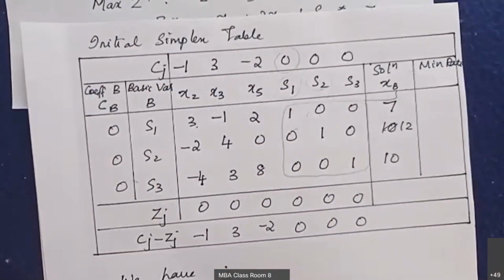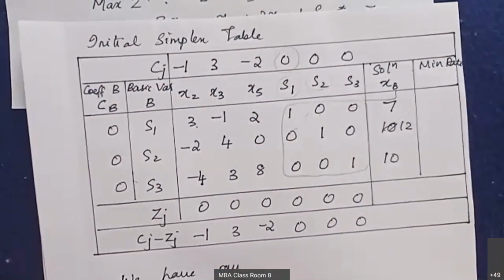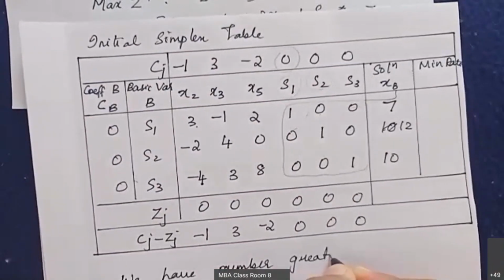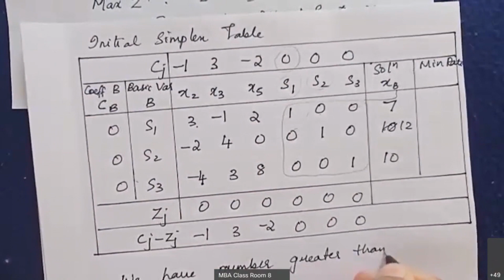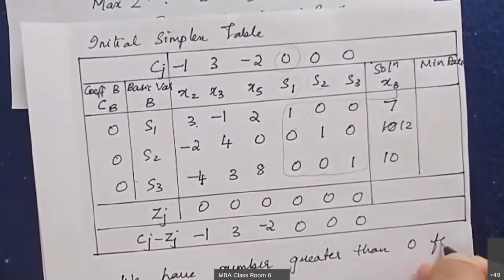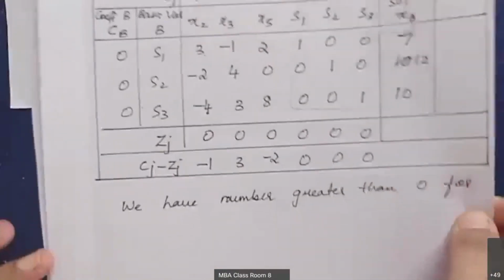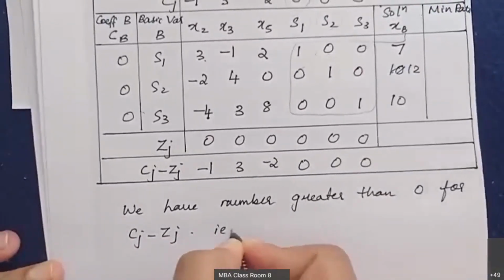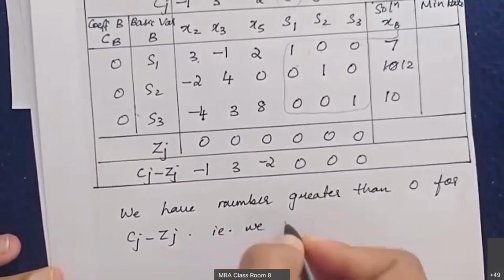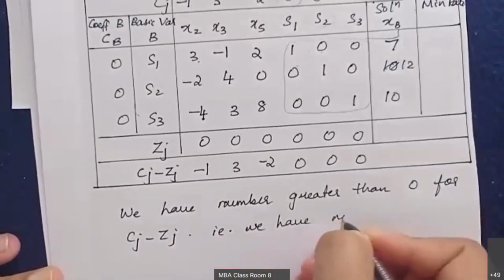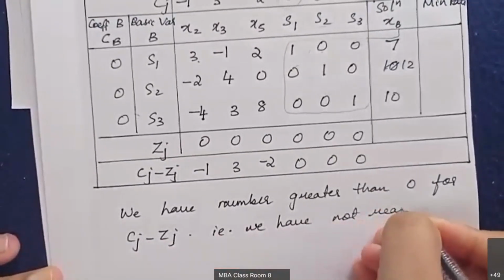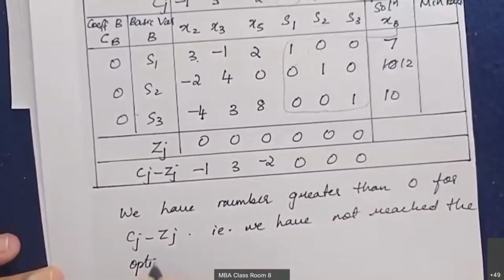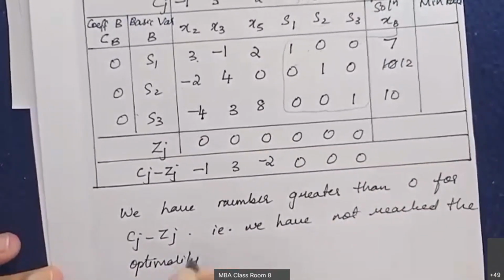We have a number greater than 0 for Cj minus Zj, that is, we have not reached the optimality condition.